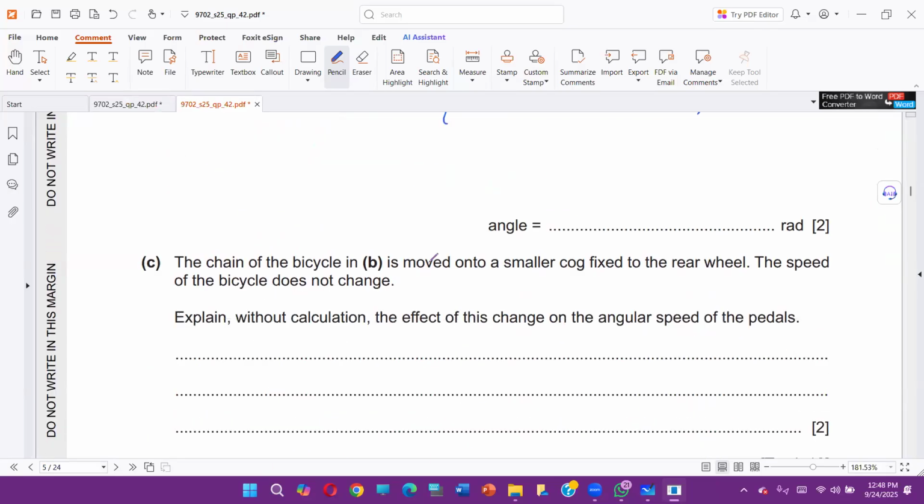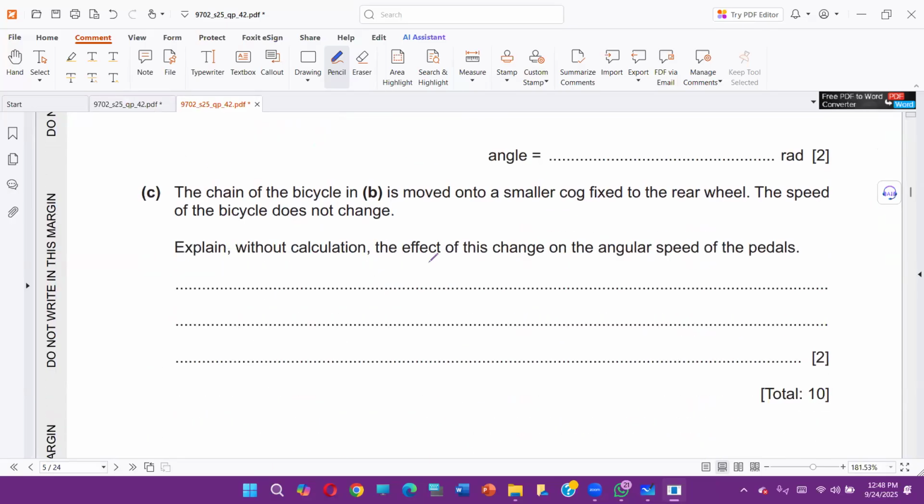Now, look at the last part, the theory part. The chain of the bicycle in B is moved onto a smaller cog fixed to the rear wheel. The speed of the bicycle does not change. Explain without calculation the effect of the change on the angular speed of the pedal.